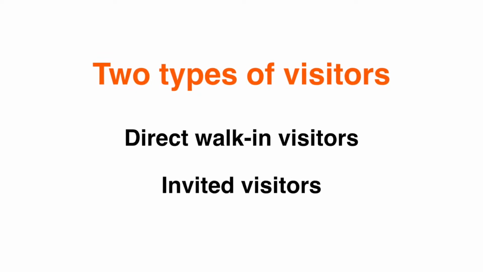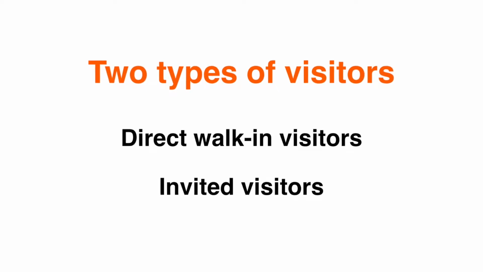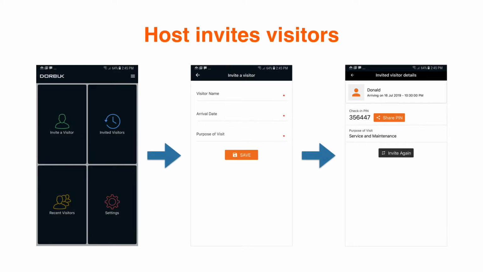The second one is invited visitors. They are the ones who are invited by the hosts in your organization. Using Dorbuk mobile app or desktop computer, the host fills up visitor details and invites them by sending a 6-digit PIN.